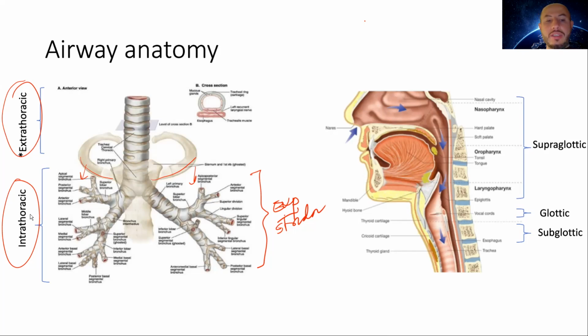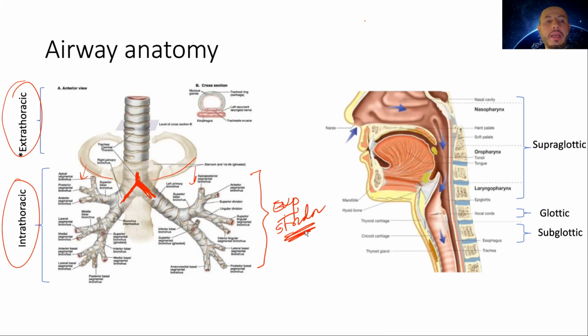What does intrathoracic mean? It means the trachea, the carina, and then the right and left main bronchus. So any intrathoracic obstruction, in the intrathoracic part of the trachea, the carina, and the right and left main bronchus, usually causes expiratory stridor, and we will discuss later on why.